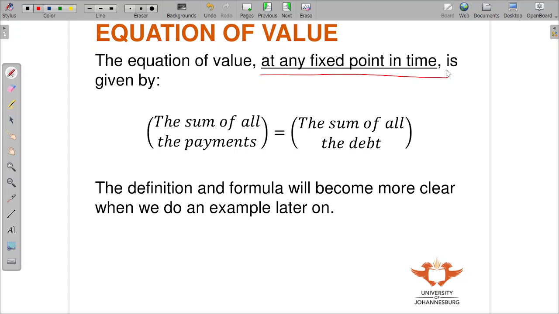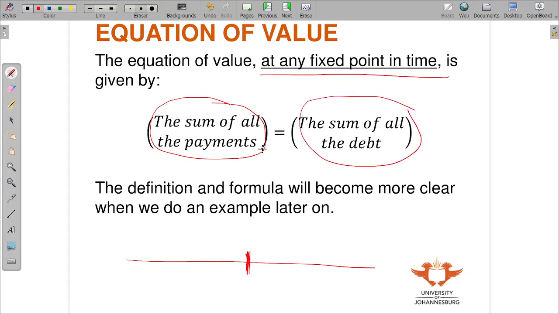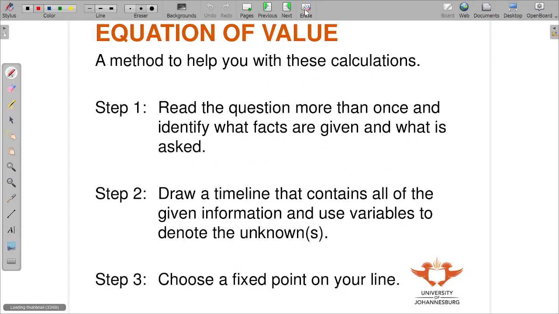So after you draw your timeline, you pick a fixed point and then you sum together all the payments, sum together all the debts, equate them, and then solve for what you are looking for. Okay, please take note of this formula. We are going to make use of it very soon.